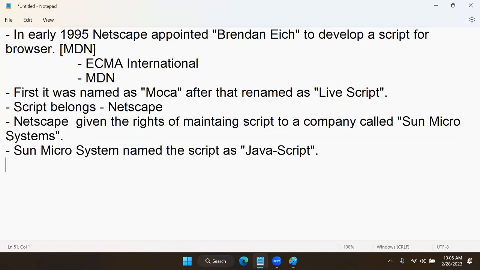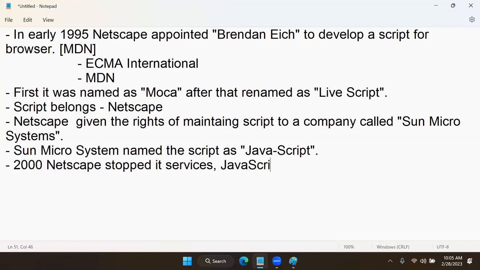After that, what happened is in the early 2000s, the Netscape company stopped its services. The Netscape company completely closed, and they gave this JavaScript to a company called ECMA.